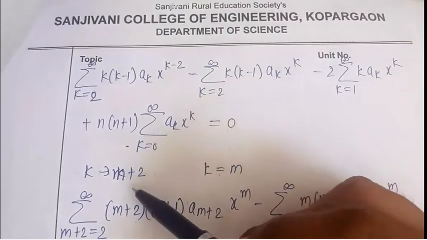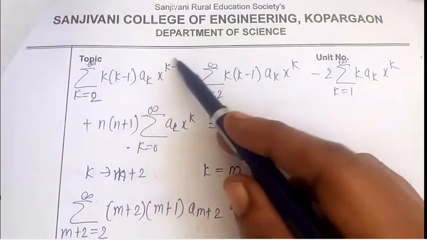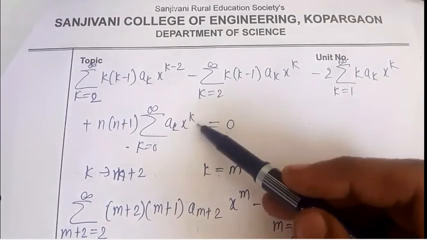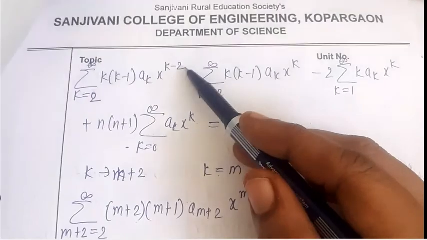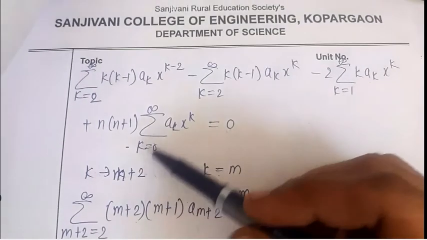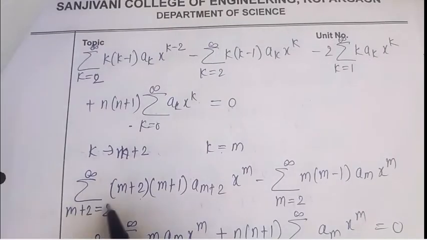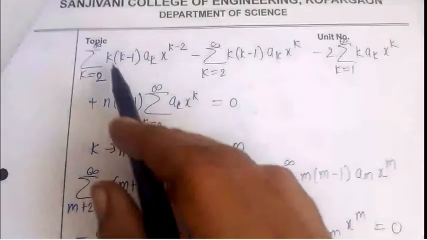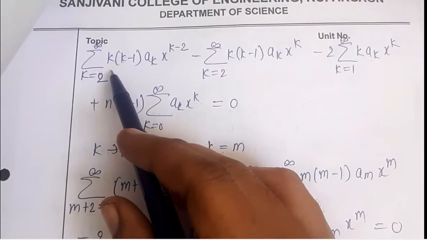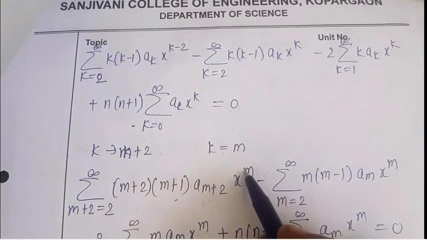Now replace k by m plus 2 in the first summation because we want to convert all these powers to the same. Here x to the power k, and here x to the power k minus 2. So if we replace k by m plus 2, we get x to the power m. Here k equal to 2 to infinity becomes m equal to 0 to infinity. Replace all k by m plus 2. So in the first summation we get m plus 2 into m plus 1 a of m plus 2 x to the power m.